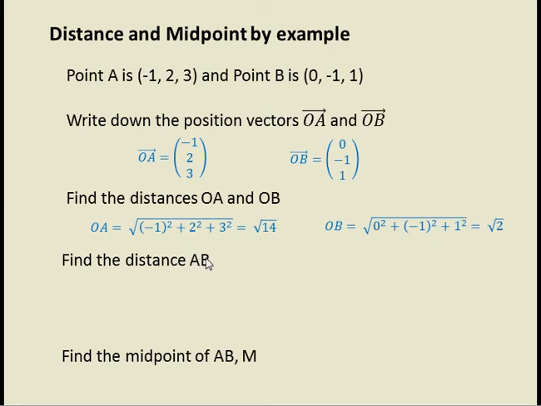Now I want to find the distance from A to B, and there are actually 2 methods for doing this. The first method is by using a formula you'll find in your formula book or that you've known for a while, the distance between 2 points.